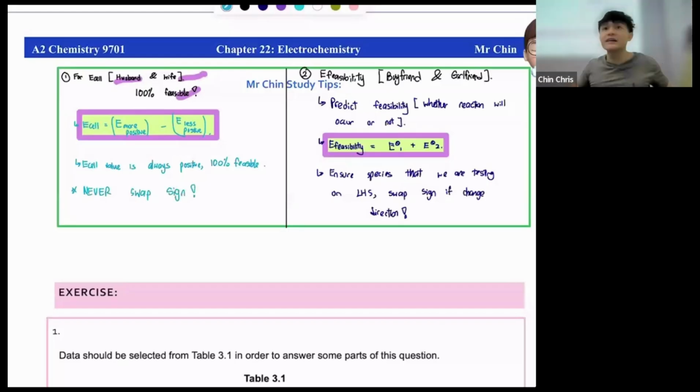The husband and wife formula is a no-brainer. Just plug in the formula and you get the answer immediately. But for girlfriend and boyfriend, you have to see first. You have to predict whether it will or will not happen, by swapping the sign.